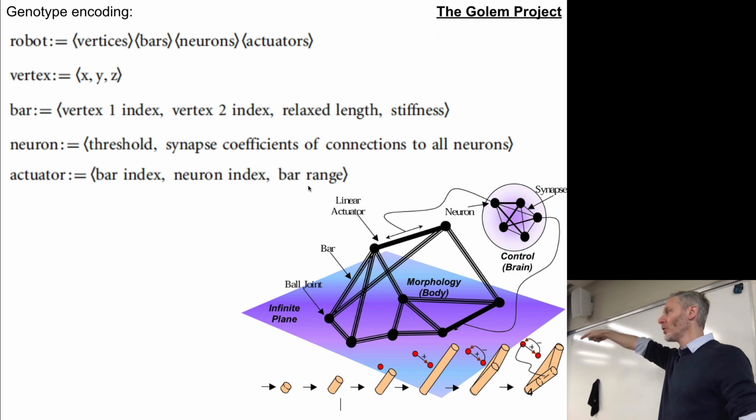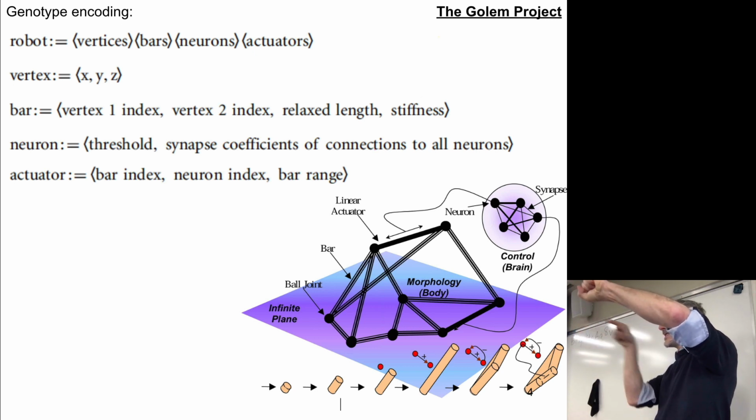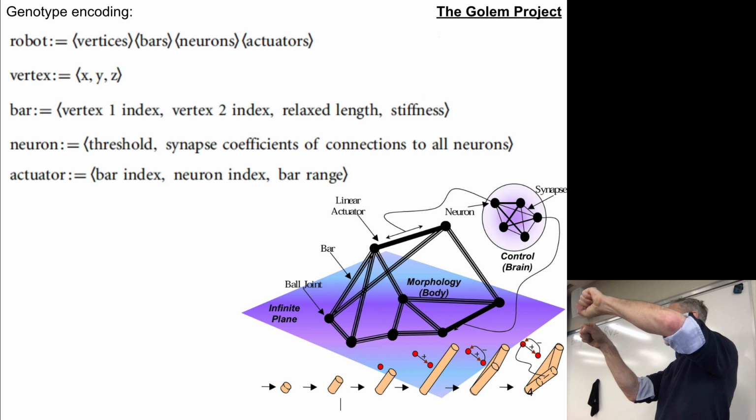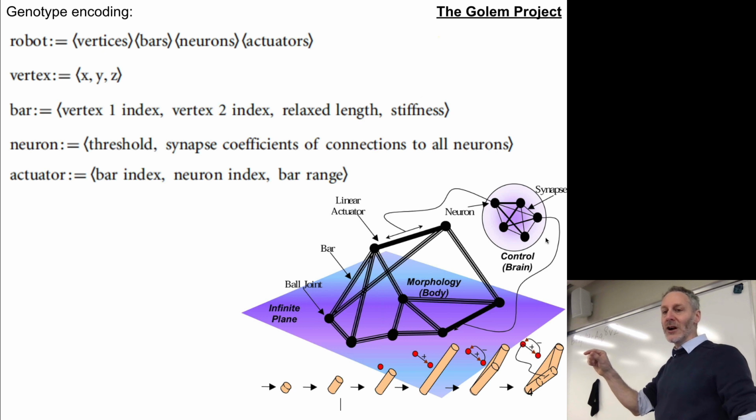Each one points to a particular bar, and every time an actuator points to a bar, imagine we cut that bar in half, pull it apart a little bit, stick a piston into it, and then connect a neuron to the piston. Imagine that neuron at a given point in time is containing a positive floating point value. What do you think that motor neuron is telling the piston to do?